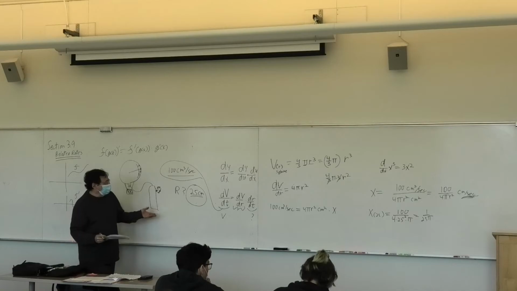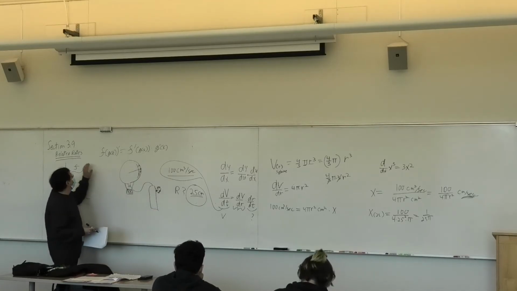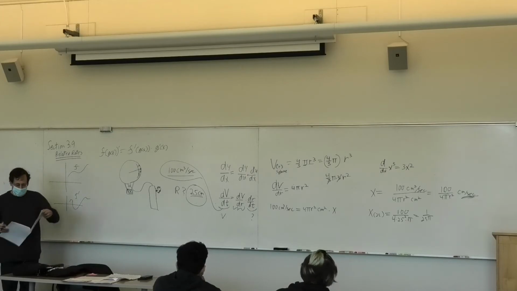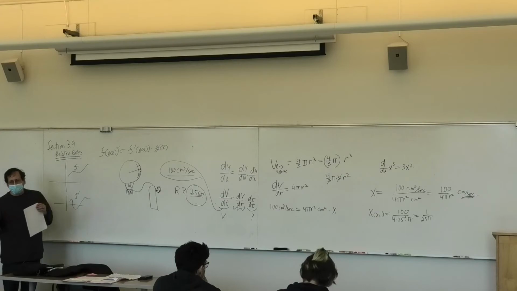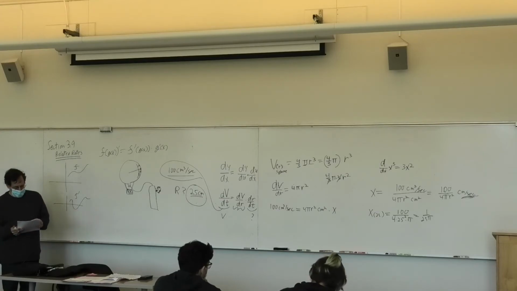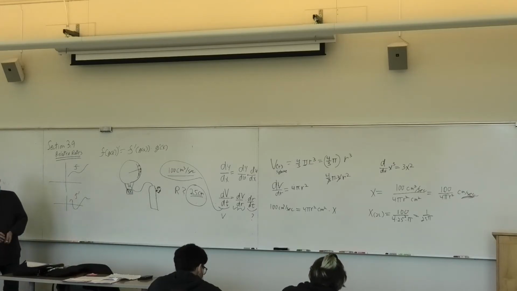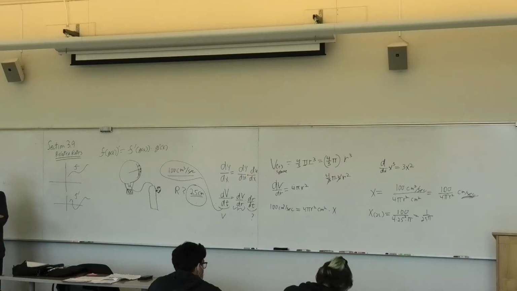All right, so this is a typical related rates problem. They come in a few varieties, and we'll take a look at some more of them. Any questions about this so far?